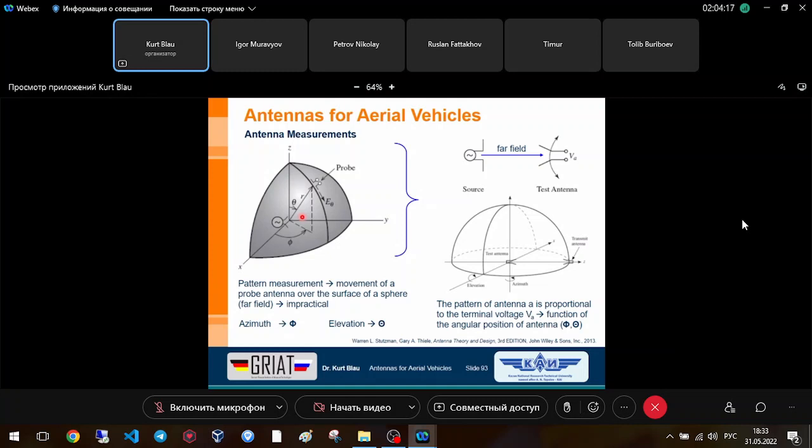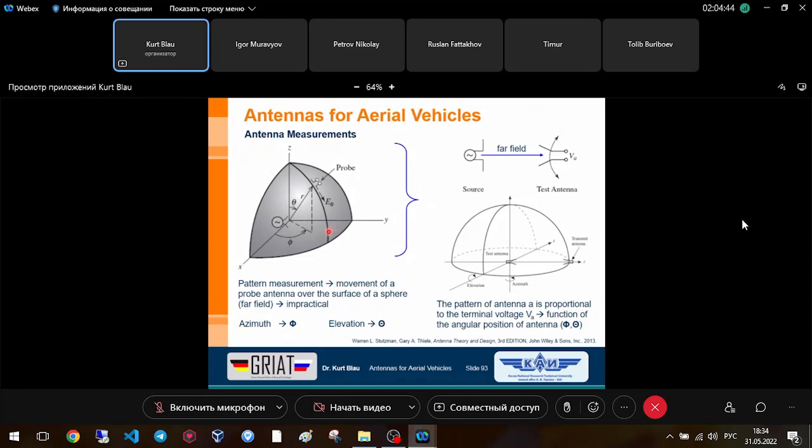But first, the practical aspect for the measurement scenario here. If you want to measure the antenna localized at the origin of this measurement coordinate system, then you have to move a probe antenna with constant distance on the surface of a sphere. How to do this in practice?